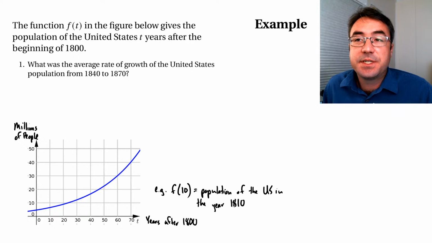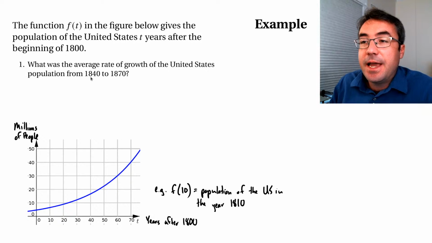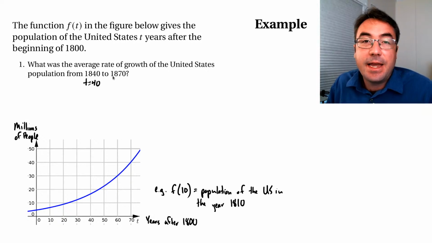So in the first part of this example, we're going to find the average rate of growth of the US population from 1840 to 1870. And for the purposes of our graph, 1840 means t equals 40, and 1870 means t equals 70.